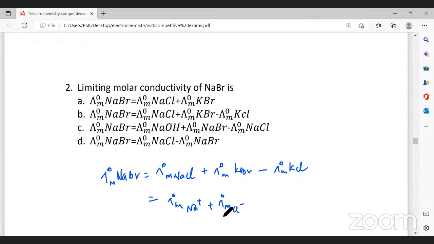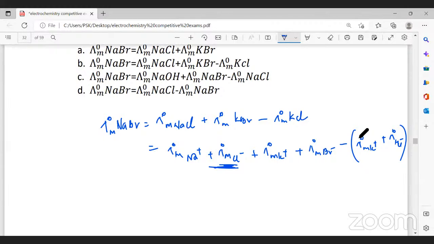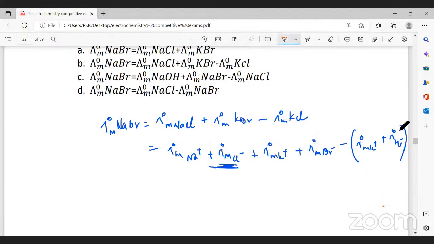NaCl will dissociate to form Na plus and Cl minus, individual ions according to Kohlrausch's law. So we write lambda naught m of Na plus plus lambda naught m of Cl minus, plus lambda naught m of K plus plus lambda naught m of Br minus, minus lambda naught m of K plus and lambda naught m of Cl minus. On addition, you see what will happen: this is plus Cl, and here it is minus Cl, so these two will get cancelled.